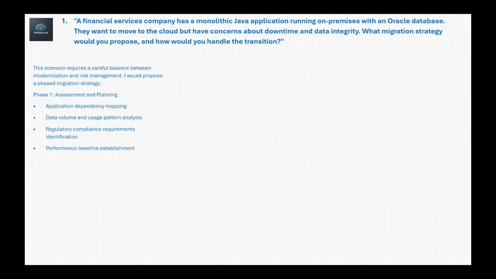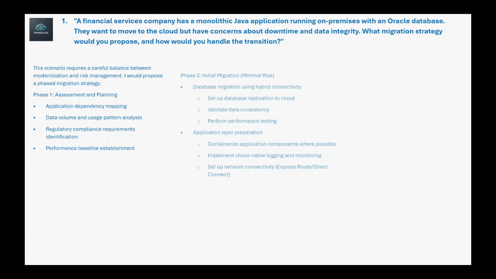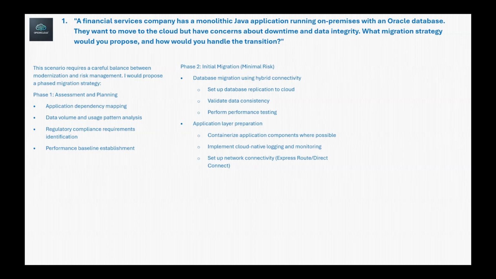When I have this analysis done, the next phase would be to do an initial migration. So with minimal risk, I would start with a database migration using hybrid connectivity. There are a lot of database migration services available in AWS and Azure. In Azure, it is Database Migration Service.